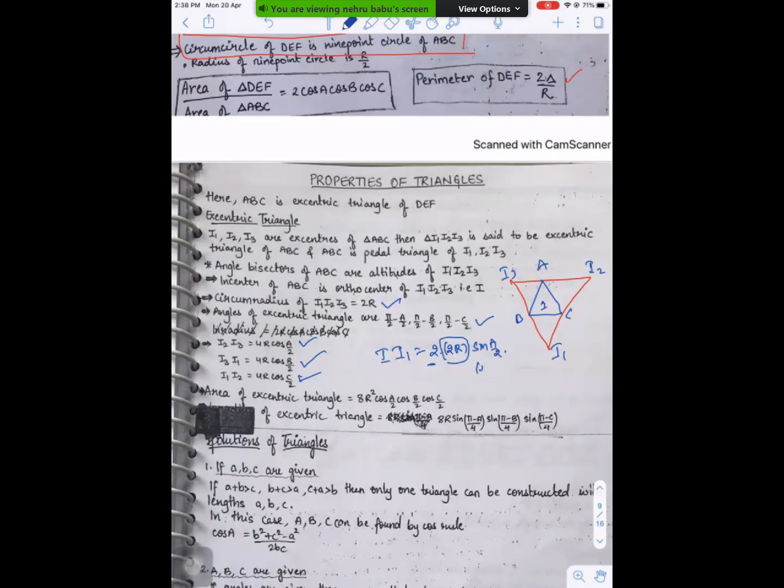Cos A means actually the cos of angle 90 minus A by 2, which gives sin A by 2. So the length I I1 is 4R sin A by 2, I I2 is 4R sin B by 2, I I3 is 4R sin C by 2. In the same way, the sides are 4R cos A by 2, cos B by 2, cos C by 2. These are the sides.